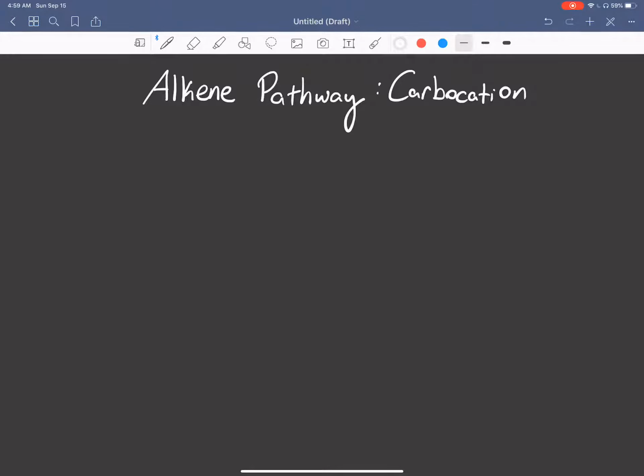Let's start with the first reaction. I'm going to draw some sort of an alkene, and I'm just generalizing here, with the R group being any sort of carbon chain, it doesn't really matter.